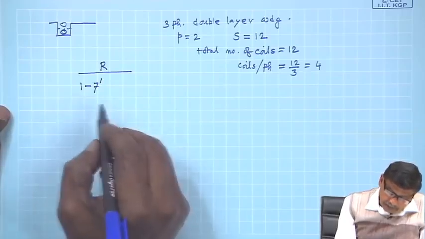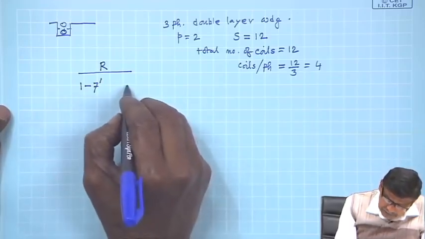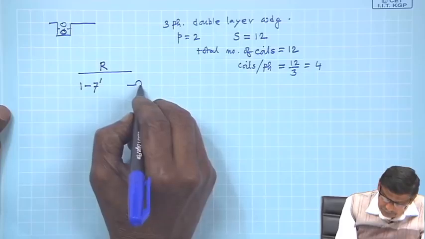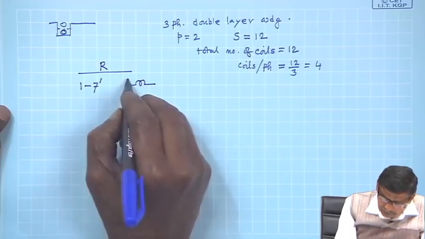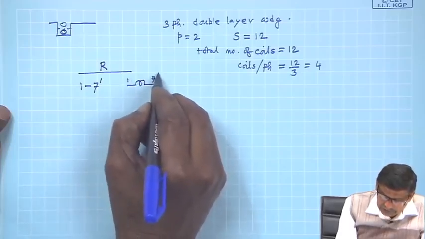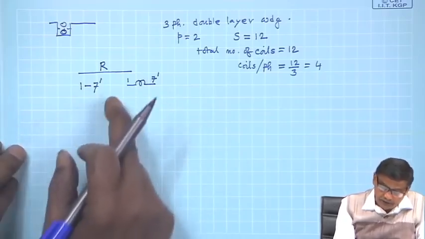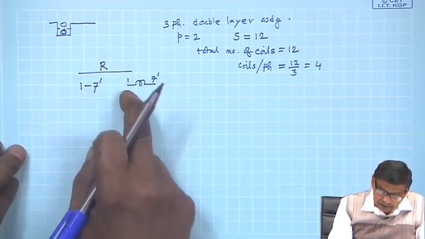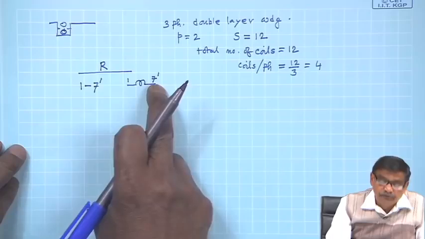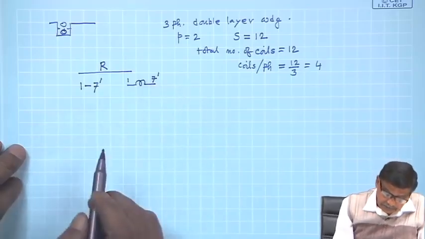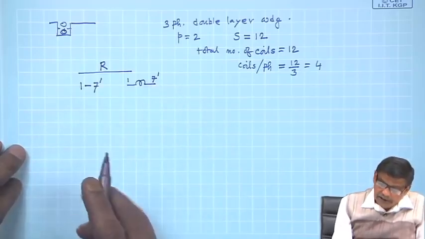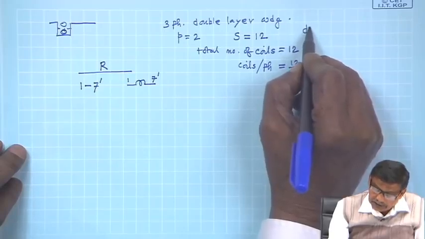Okay. And this I will represent side by side also by a symbolic coil 1 7 dashed with this terminal, that is the start of coil 1, R phase coil 1, and its finish is at 7 dashed. Now, then I will be using distributed windings.